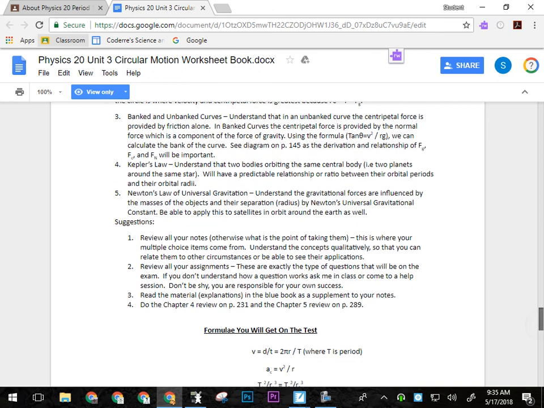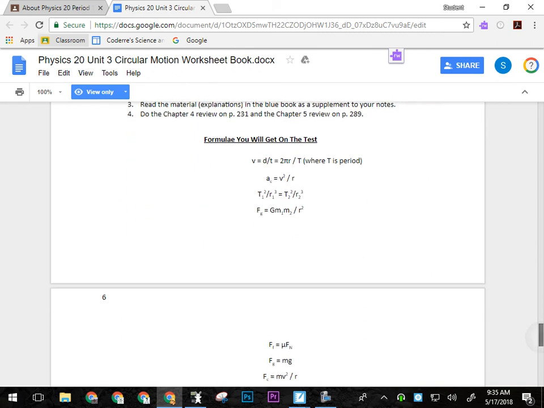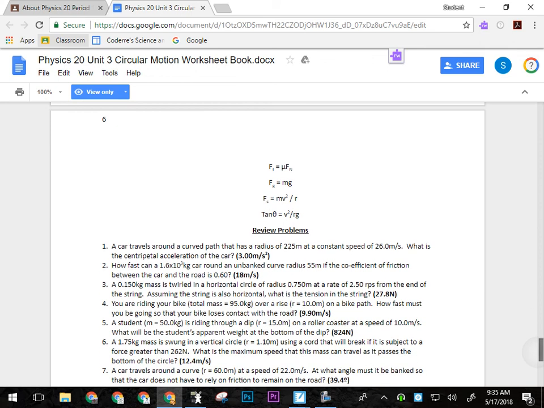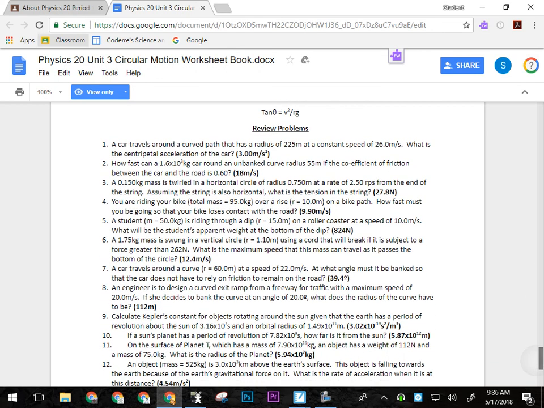And then there's a few suggestions. Review all your notes. There's the formulas you're going to get on there. And then there's some review problems under that with the answers on there, so you can check and see if you're doing them right. Is your question 3.07 times 10 to the negative 8? Yeah.